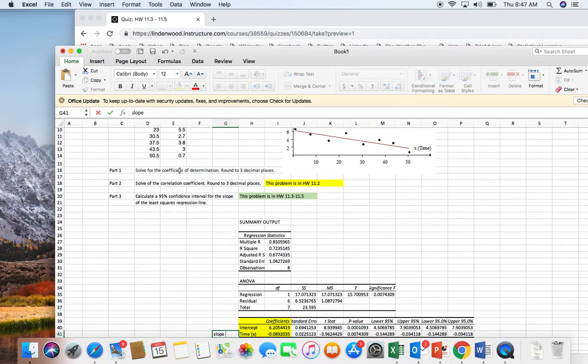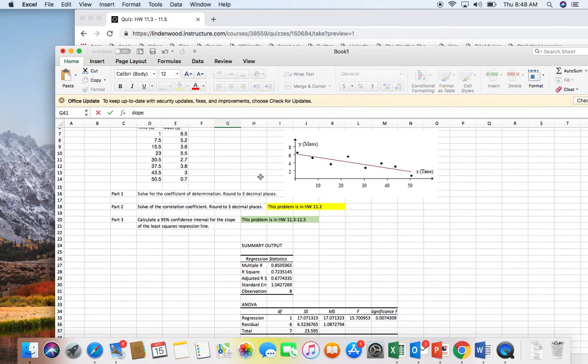Question one, solve for the coefficient of determination. For a linear regression problem, R squared is the coefficient of determination.